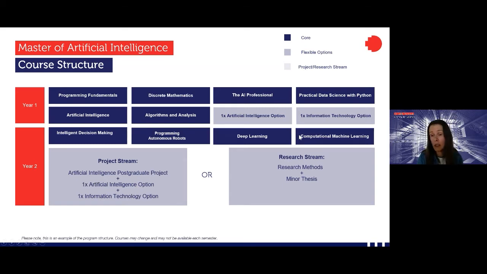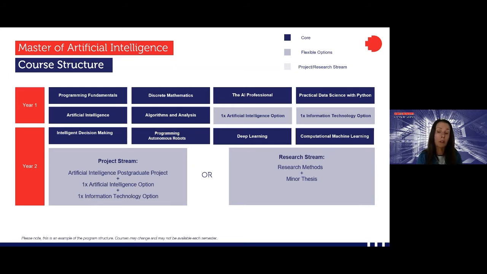And then, as shown on the slide there, these 2 different streams, one of which I would suggest would appeal to most students on the programme, is this project stream with the AI postgraduate project with the RMIT activator, as I've said, and then choice of options alongside that.